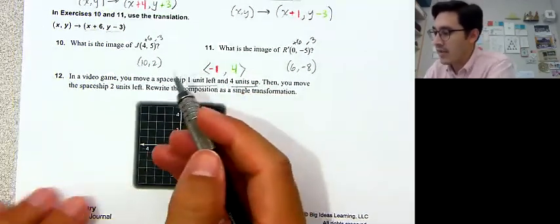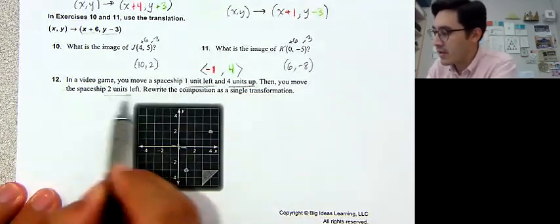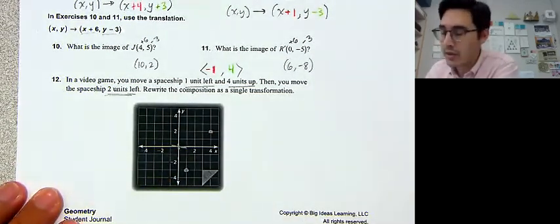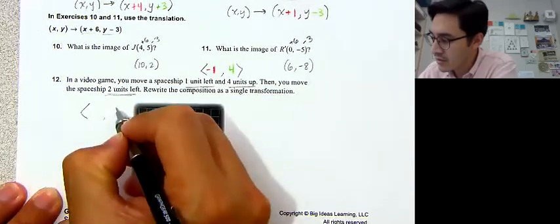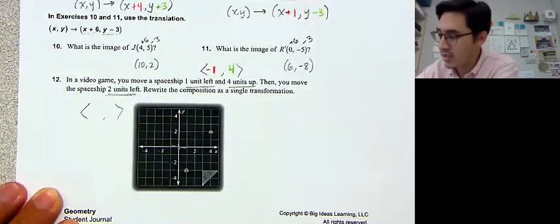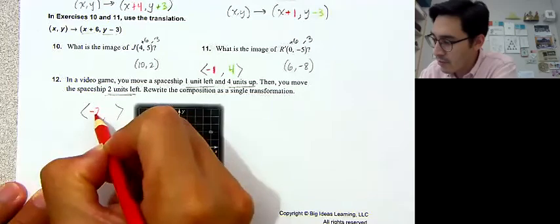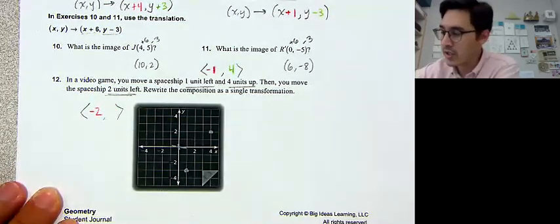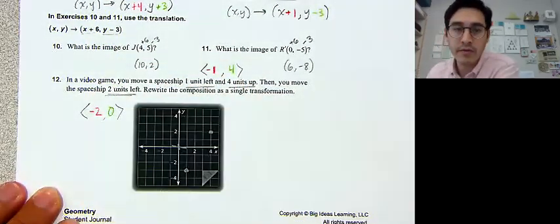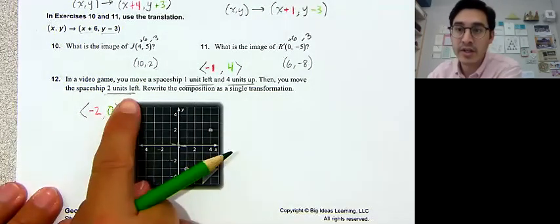And then the second vector just says we're going to go 2 units left. So that's going to be -2 in the horizontal direction and 0 in the vertical direction, because it did not mention any additional vertical change.